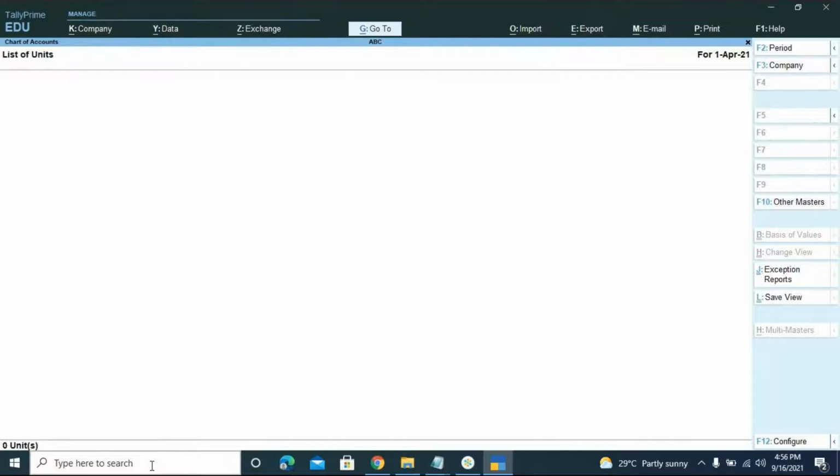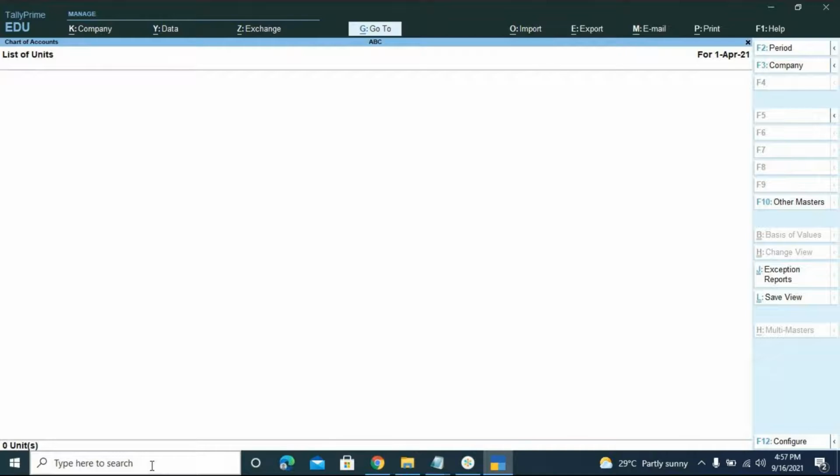it would be good if you could answer this. We have come so far in the Tally software. Now I would like to ask you a simple question. Which are the two units of measure we have created so far? One of you could answer. We have created kgs, liters, grams, and all that.